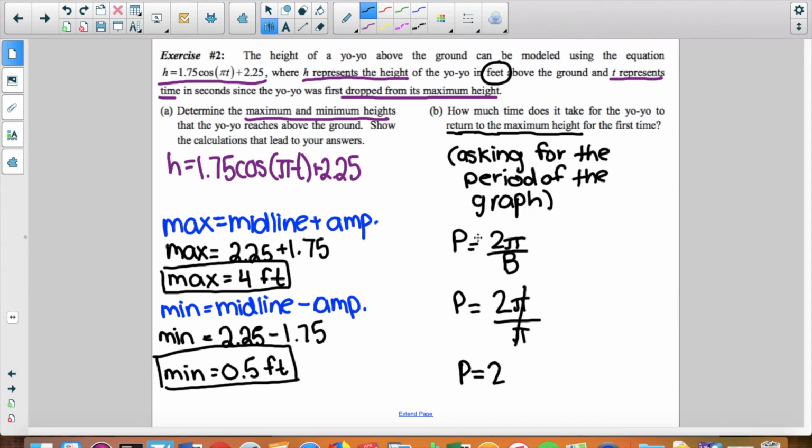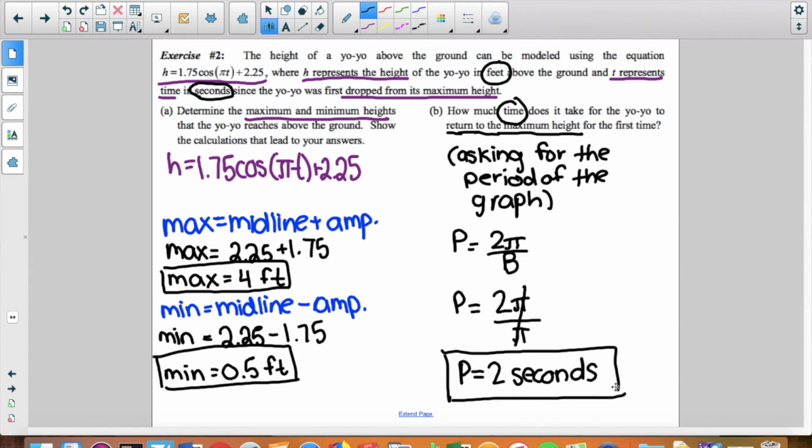Now it actually does give us some unit. It says seconds here. The period is the time it takes, right? We're looking for time. So we can write that the period is 2 seconds. Okay, so you just need to figure out, what are you trying to find? Are you trying to find the midline, the maximum, the minimum, the period, and so forth.